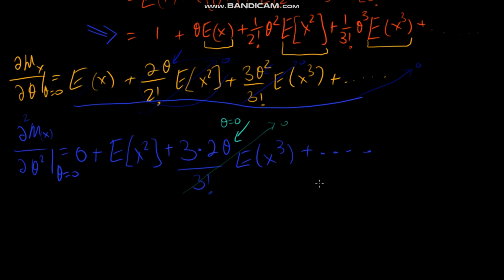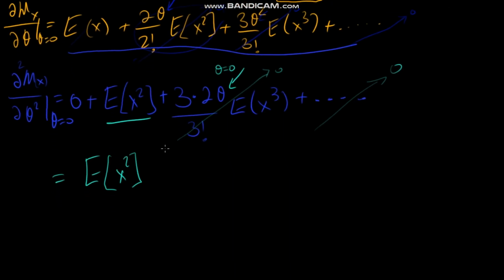Also all these other terms here which contain theta will go to 0, and we will be left with this term right here, the expectation of x squared, which is the second moment. So if we continue to do this, we'll get more and more moments of the function, and you can know all of them.